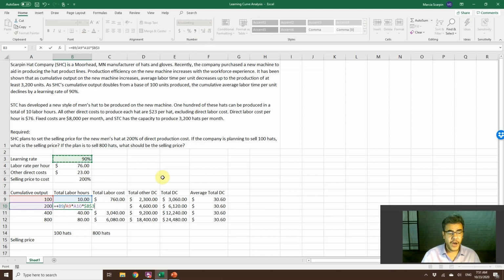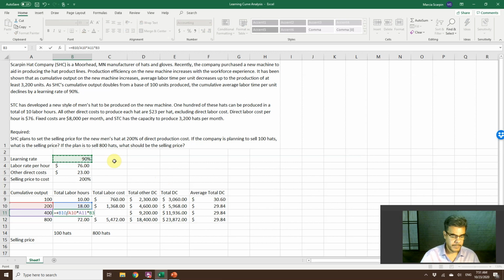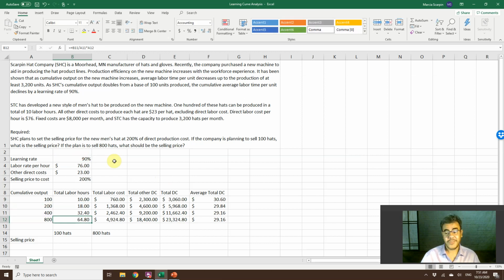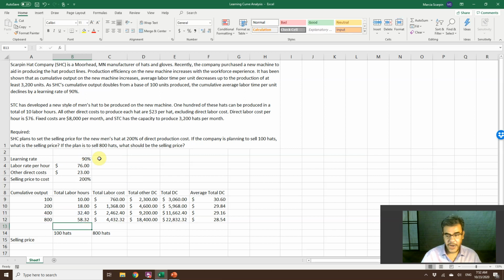Instead of 20, our total hours will be 18. And we are still learning, so it's still decreasing. So it will not be 36, it will be 32.4. And now it's not 64. Because of the learning rate, it is now 58.